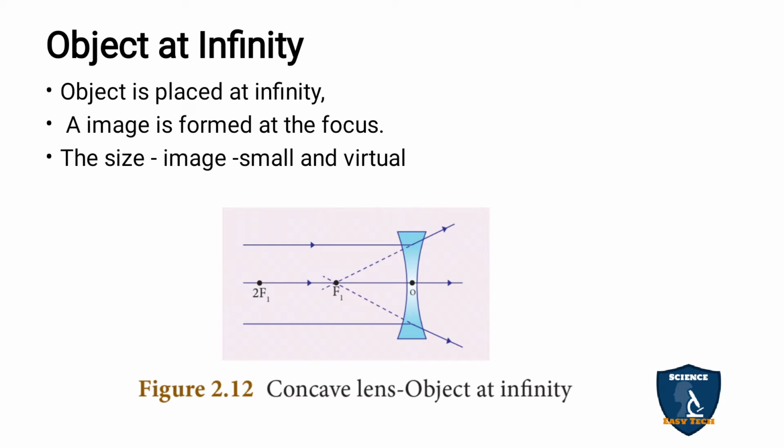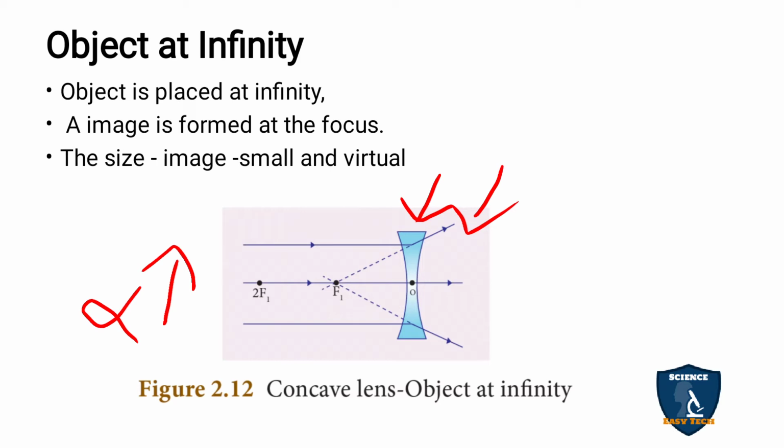If an object is placed here, this is infinity, and the light rays pass through the concave lens. A concave lens is a diverging lens, so it starts scattering.